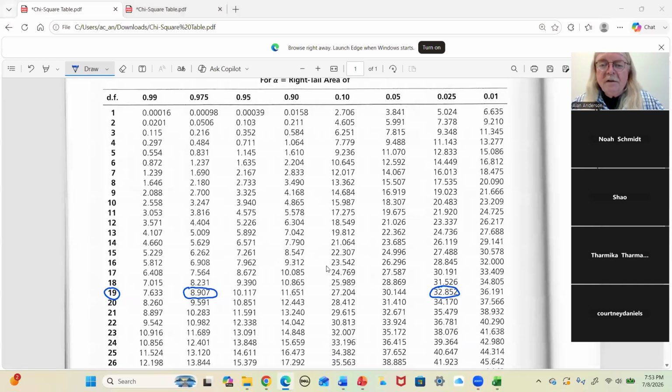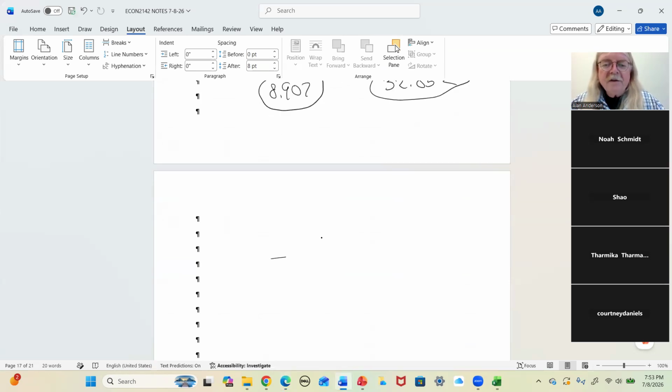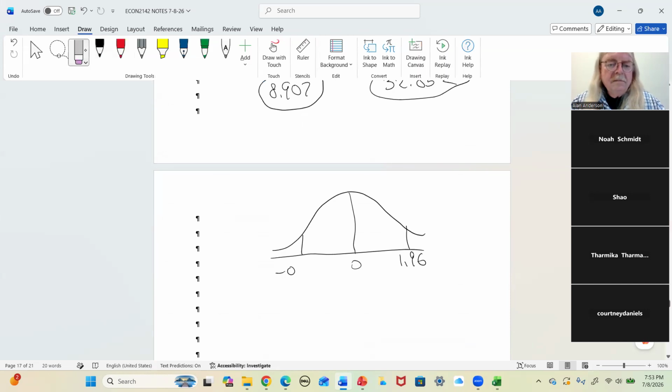But if you notice, with a normal distribution, let's say a 95% confidence interval of something like this, 2.5% in either tail.